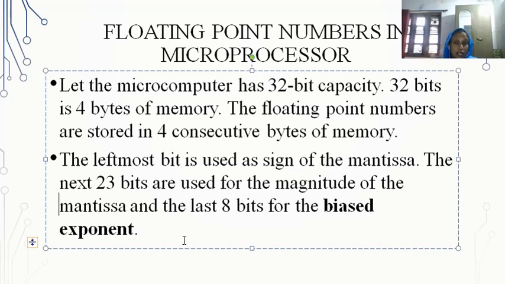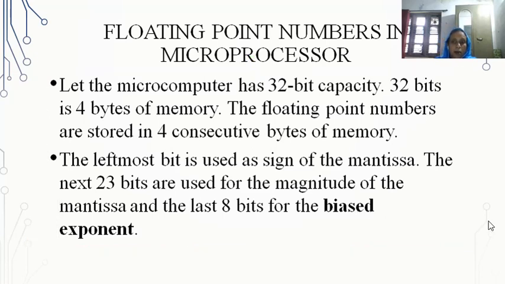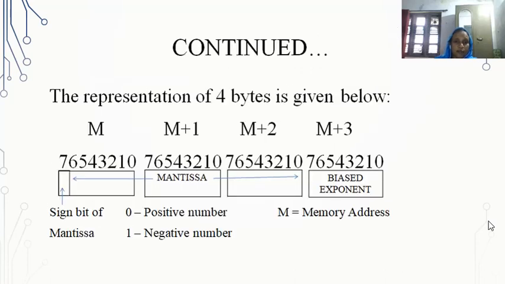In this, the leftmost bit of the representation is used as the sign bit. After that, 23 bits are used for representing the mantissa, and the last 8 bits are used to represent the biased exponent. Okay, so what is this biased exponent?